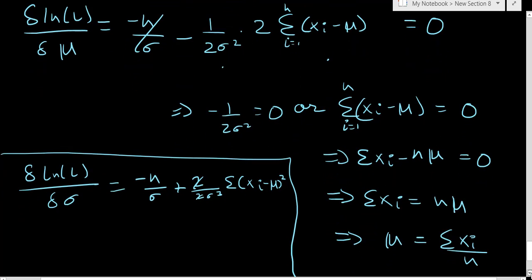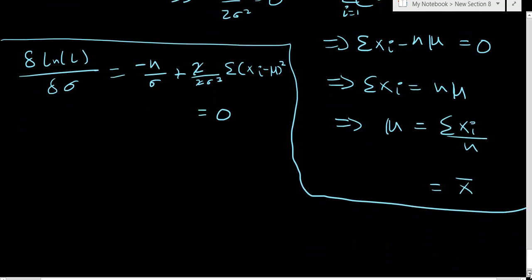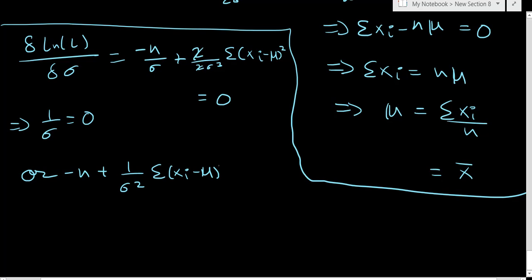Now I will equate this to 0. Obviously for this to happen, I can take 1 upon sigma common out of this. So either 1 upon sigma is equal to 0, or minus n plus 1 upon sigma squared into sigma xi minus mu whole square is equal to 0.